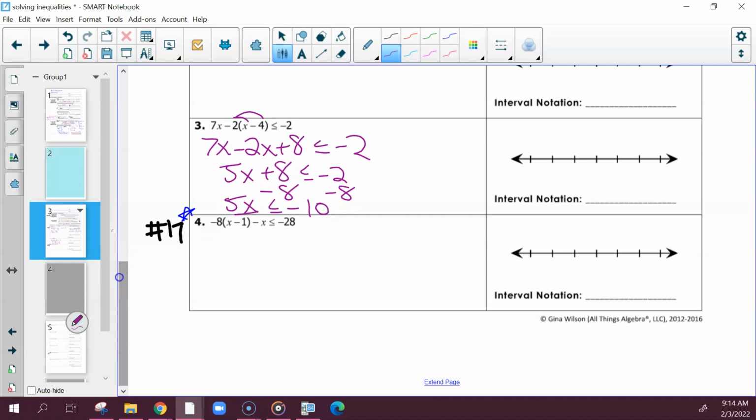And divide. So here our signs would not change. I was trying to find an example that was less than and change, but I think this one is less than. Oh, I guess we can do that one. But then it wouldn't be less than over here. It's fine. So this would be a closed circle at -2.